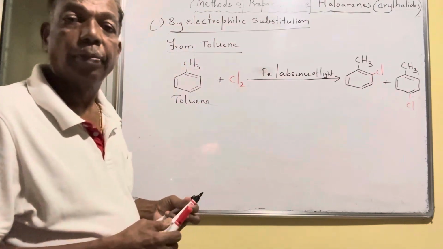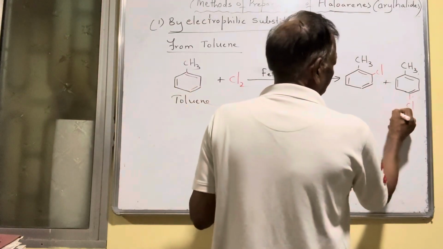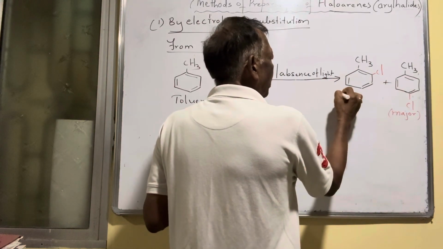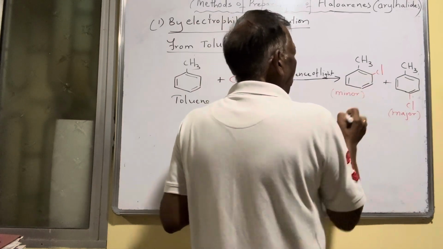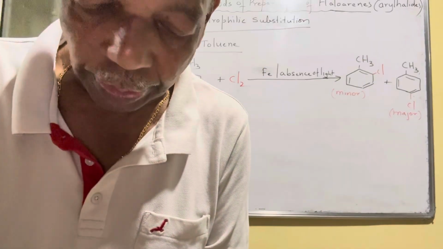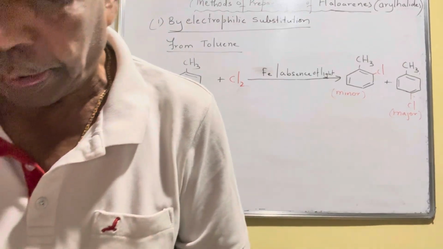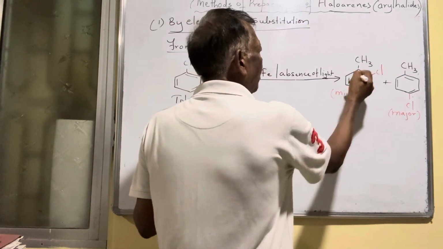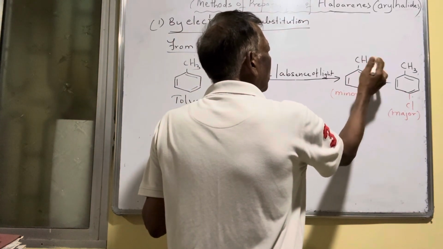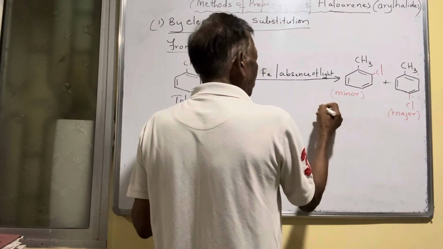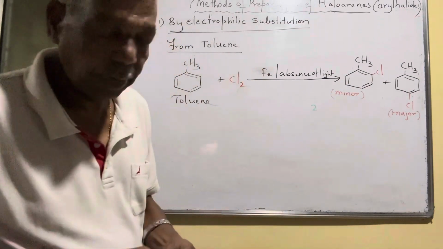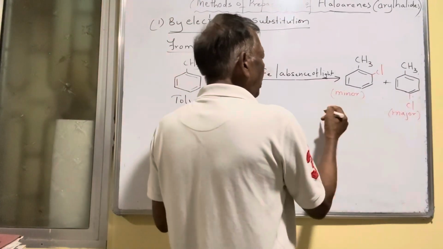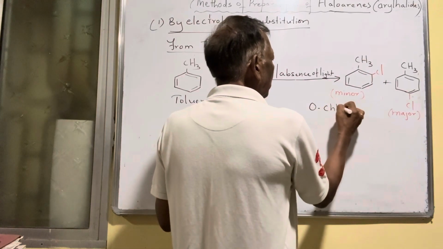Now remember that the para product is major, and the ortho one is minor. I can also explain this in the form of common names. This one is called orthochlorotoluene.